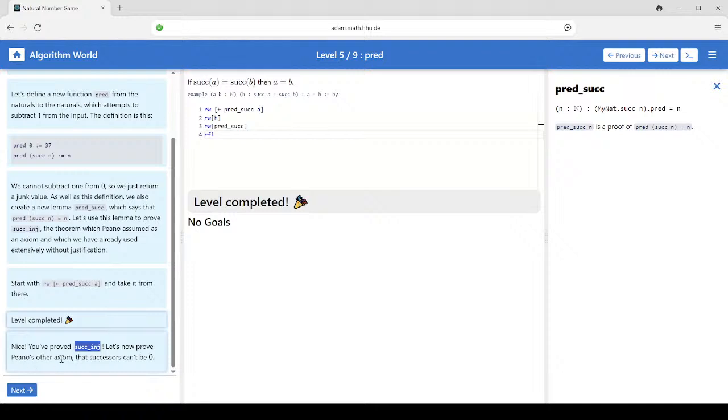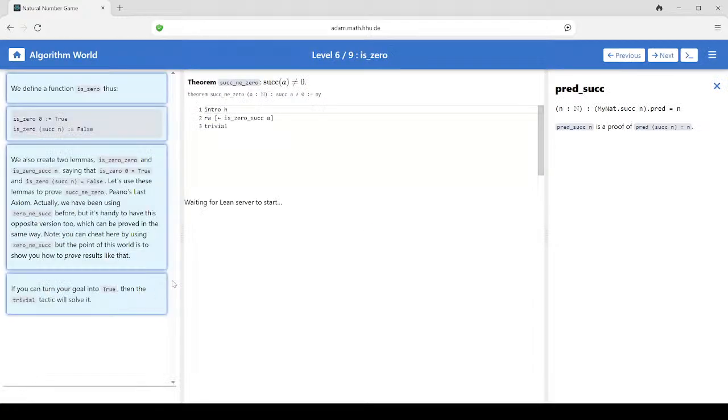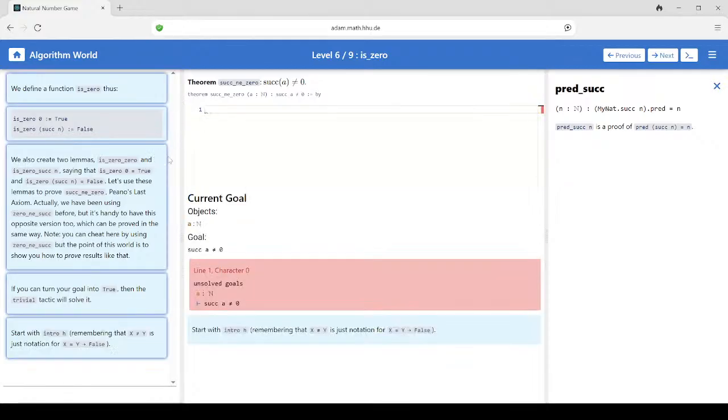Now let's prove Peano's other axiom, that successors can't be zero. We define a function is zero thus. Is 0, 0, true? Is 0 successor, false?